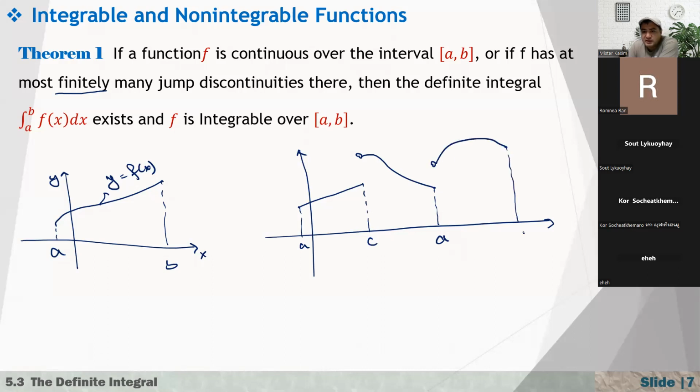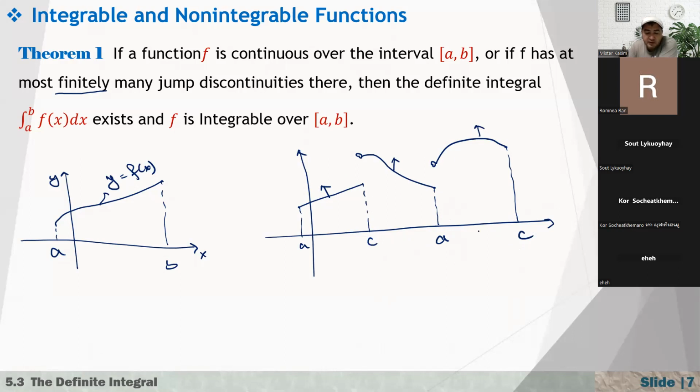As you see, at c, this function is not continuous. But still, this function is piecewise defined, because here our function is defined differently, and here it is different again. We call such functions piecewise defined functions.